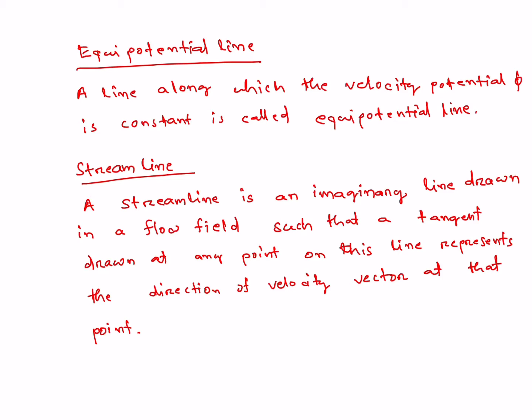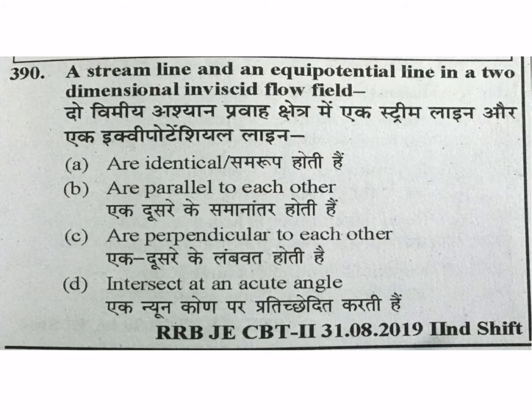And streamline definition: a streamline is an imaginary line drawn in a flow field such that a tangent drawn at any point on this line represents the direction of velocity vector at that point. And streamline and equipotential line both are perpendicular to each other in two-dimensional inviscid flow. So perpendicular to each other, C is your correct answer.